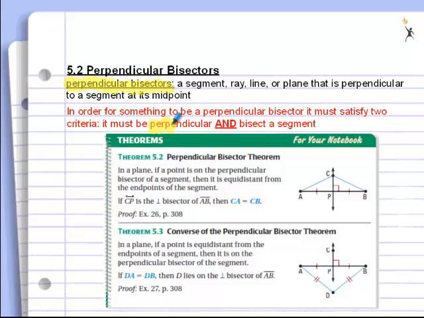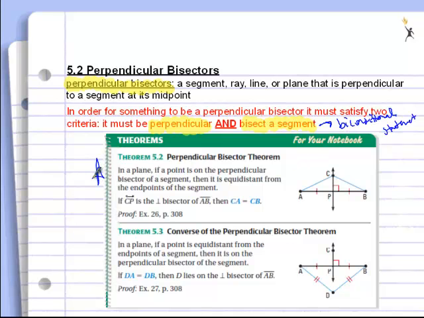It must be perpendicular and it must bisect a segment. If you don't see both of those marks or can't prove both of those, then something cannot be considered a perpendicular bisector. A little side note: when something has to satisfy two criteria, remember it is called a biconditional statement. Biconditional meaning two conditions that it must satisfy.